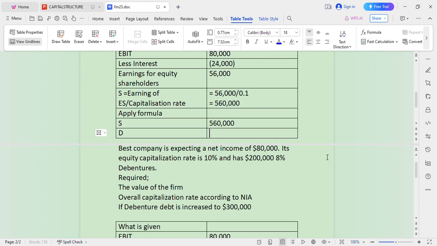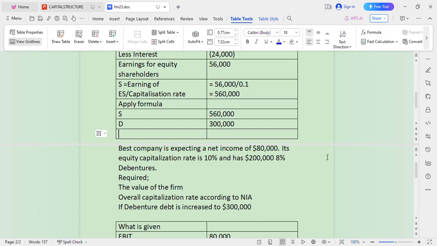Debt capital is 300,000, which was actually increased. So what is the value of the firm as of now? 560,000 plus 300,000 gives you how much? 860,000. So the value of the firm is 860,000.